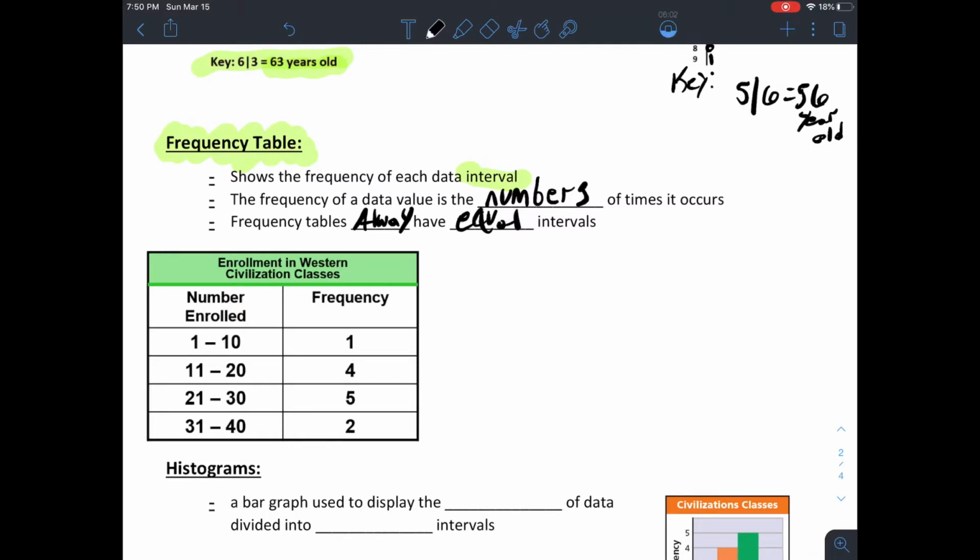So let's look to our example here. Our intervals are listed here, broken into 4 intervals, each one containing 10 values, 1 through 10, 11 through 20, 21 through 30, and 31 through 40. It is in fact broken into equal intervals.